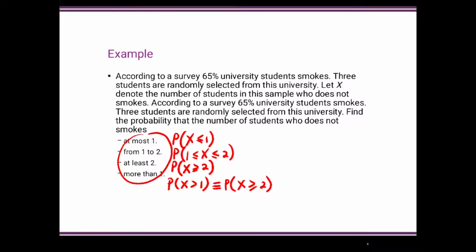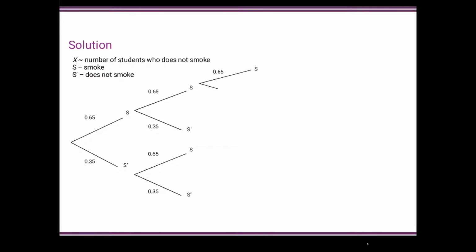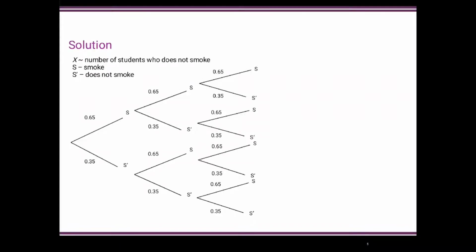Now let's see how to solve these questions. Let X be the number of students who do not smoke. S denotes smoking and S prime does not smoke. Since we are going to select 3 students, we will have 3 levels of branches: the first level, second level, and third level.